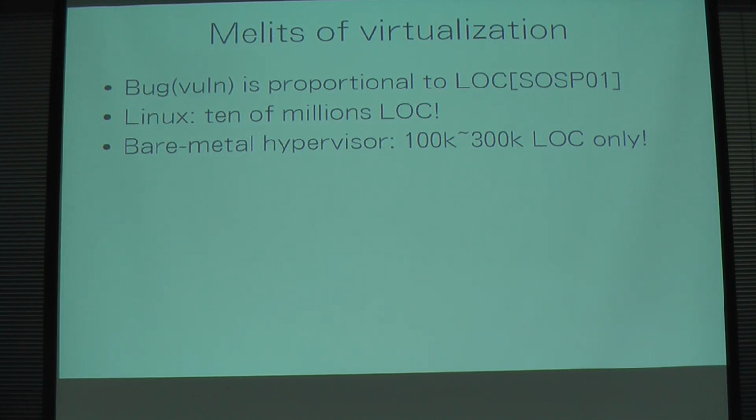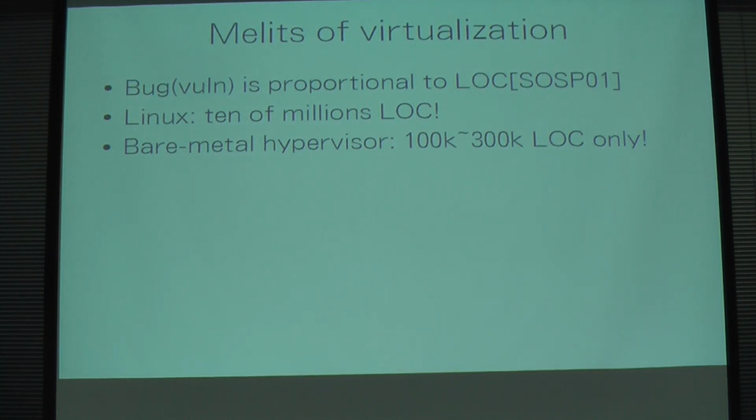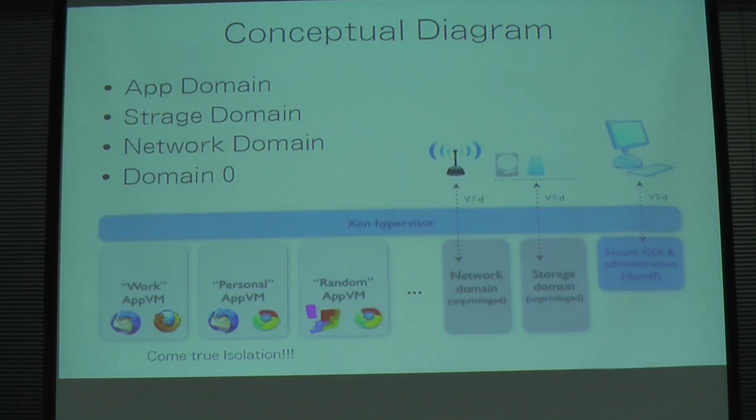However, a bare metal hypervisor only needs 100 kilo lines of code, so we can easily build a secure environment by virtualization.